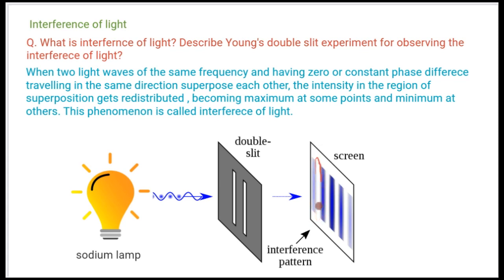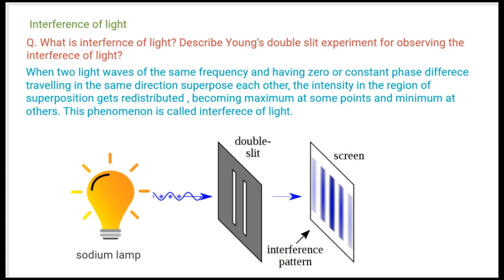So here you are not getting any light at this point, but you are getting light at these points. This distribution of the intensity, this phenomenon by which the intensity of the light gets distributed, is known as interference of light. Fine.